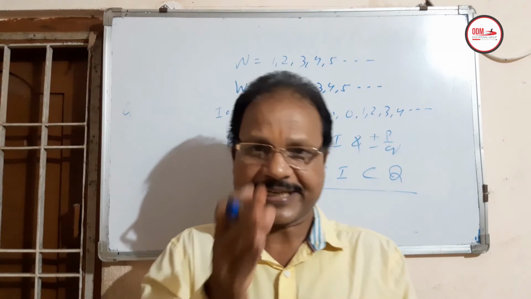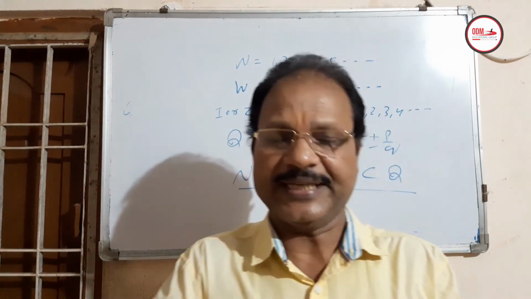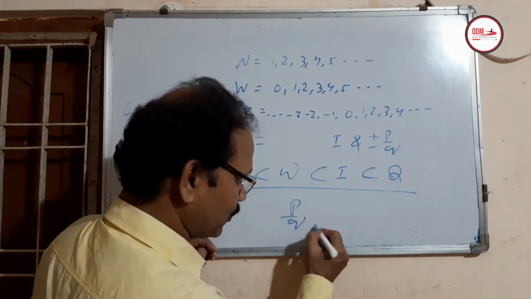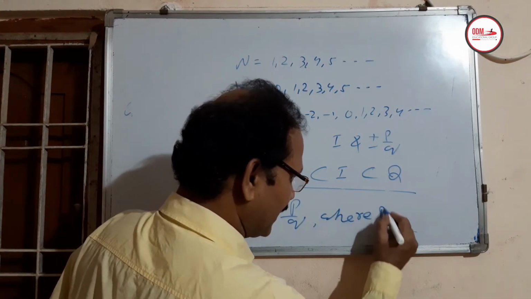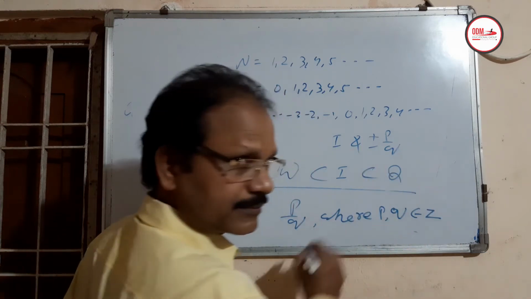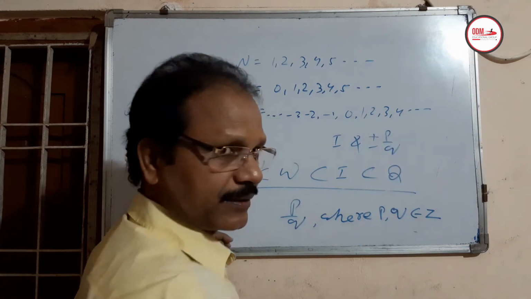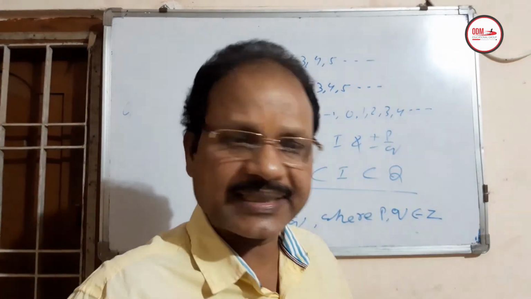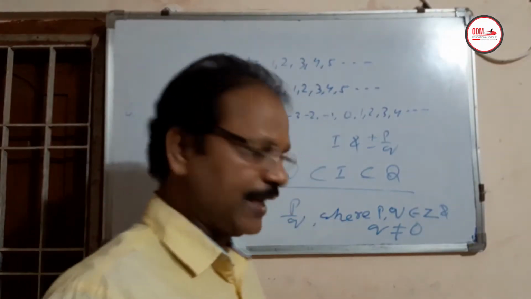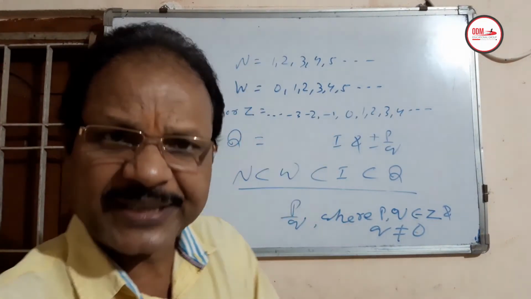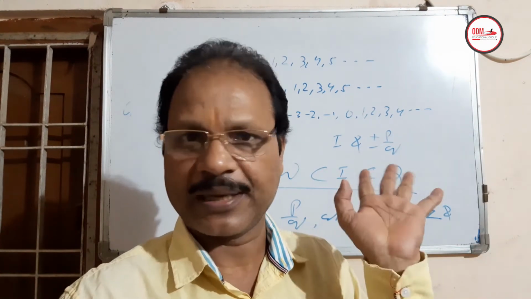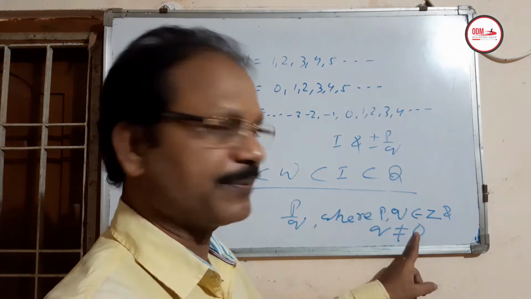Again listen, a rational number is represented in the form of p by q, where p and q are integers, p and q belong to Z, and q is not equal to 0. If q is 0, the denominator is 0, then it is meaningless. We cannot find the number. That's why q can never be 0.